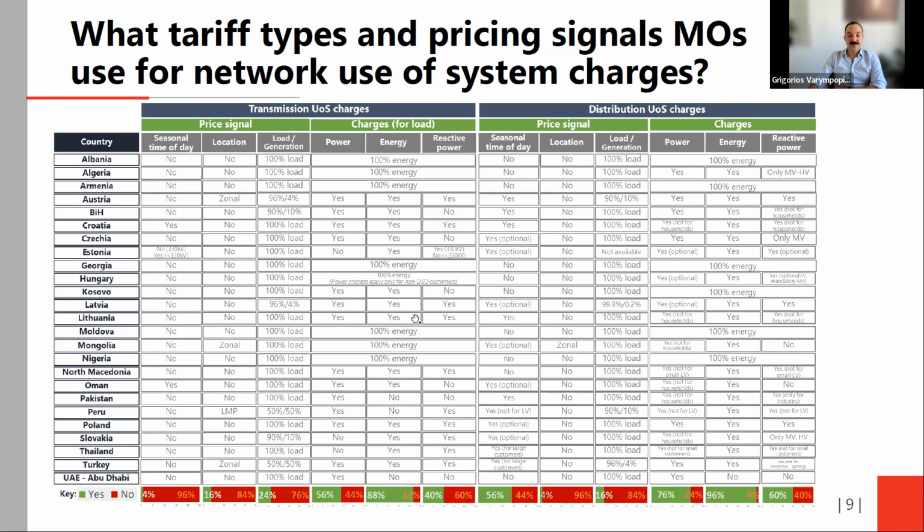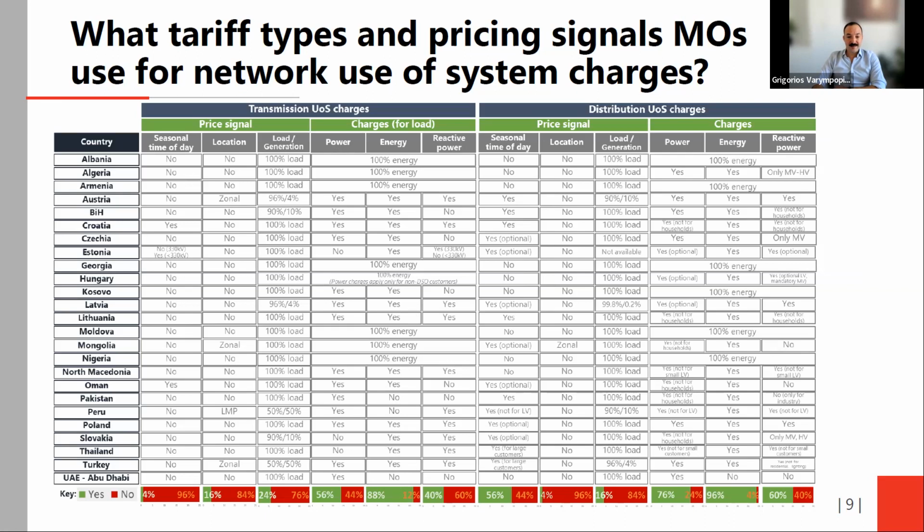In terms of types of charges, we see that approximately half of the countries use a charge which is relevant to demand and capacity. The most common approach is to use energy charges. So almost all countries have an energy component in their tariff design, 90%.